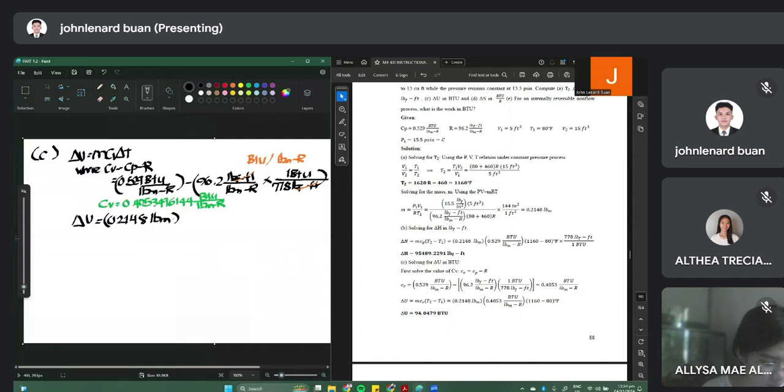What I'm going to use sa calculator ko po ay yung buo, para lang po hindi mag-round off. And then, times 0.405396144.